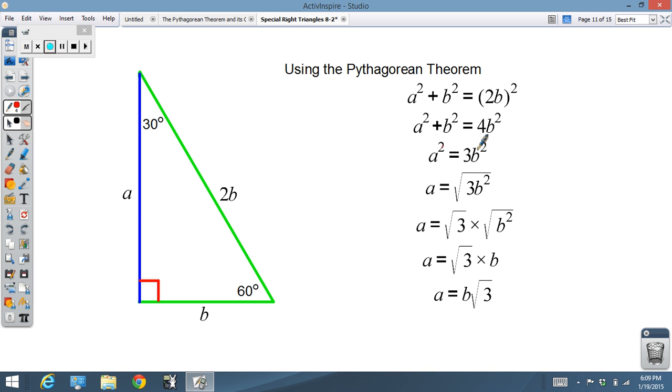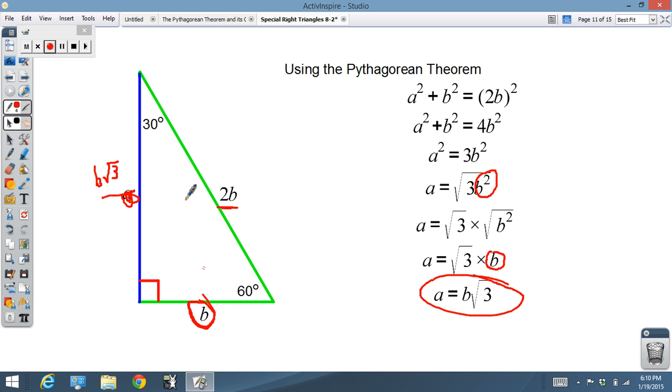We subtract the b squared, I end up looking like this. When I take the square root, I got this. When I square root that b squared, it turns into a b, and we find out that a, no matter what, is going to be b times the square root of 3. Okay, so we have a pattern now where both of the other sides can be listed in terms of that short side.